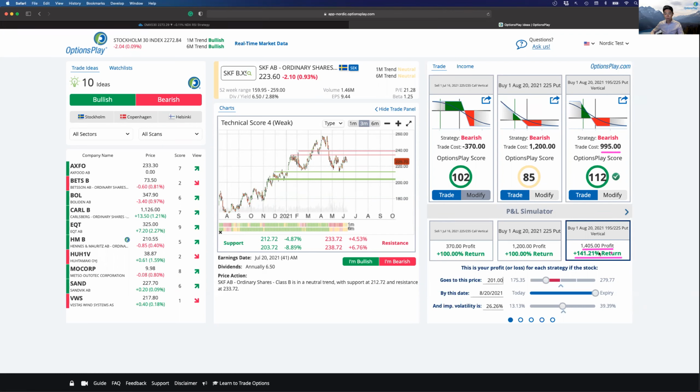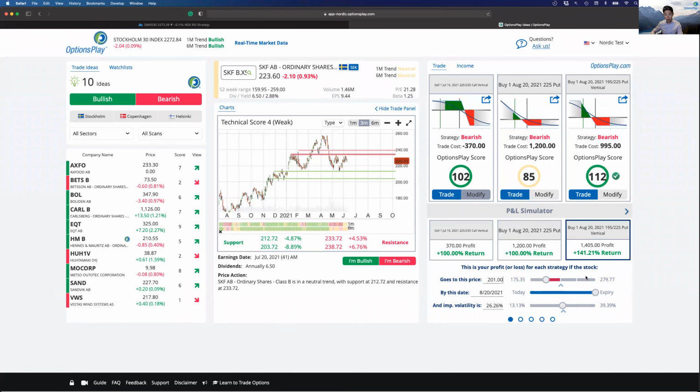I'll make 1405, which is a 141% return by August. So it's a very tactical way to limit the amount of risk that you take, which will actually amplify the returns if you are right on a trade where you have a strong directional view and a pretty good sense for how far the stock is going to drop.